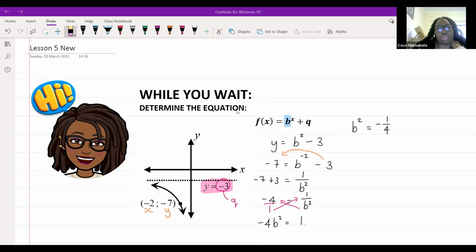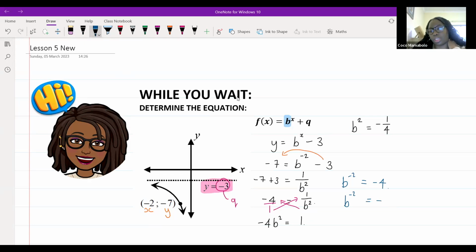Okay, so let me see. If I leave this as b to the -2 is equal to -4, I can get b to the -2 is equal to -2 to the power of 2. Negative 2 all squared. There it is.